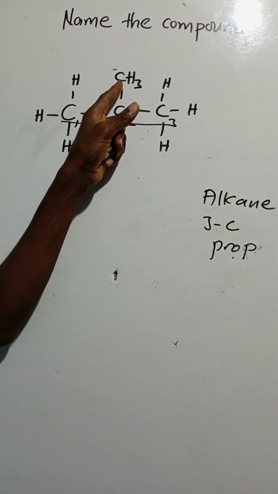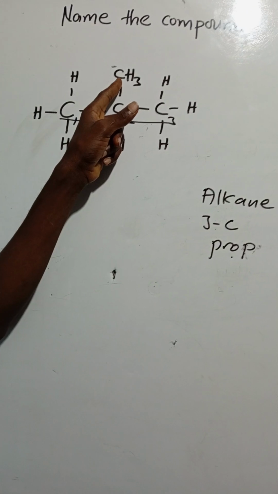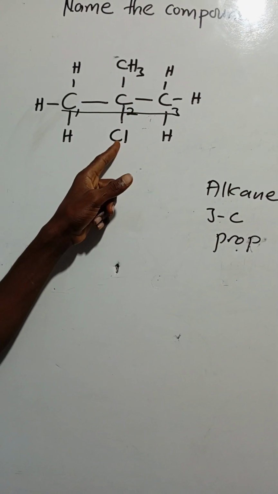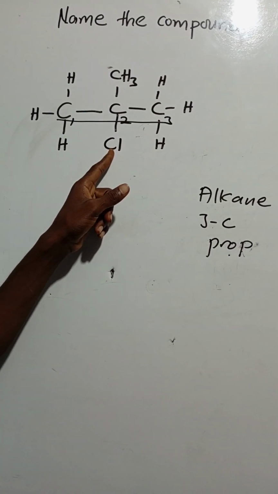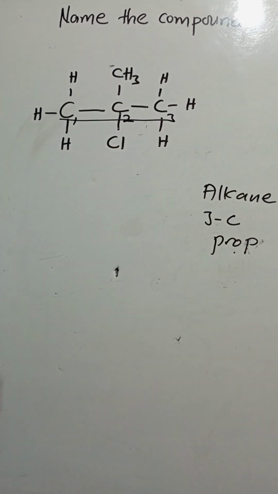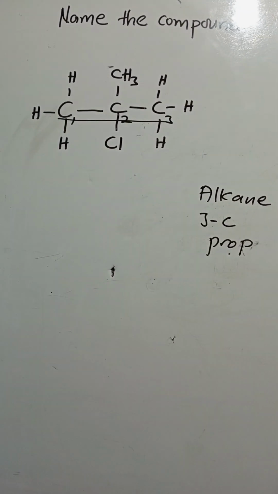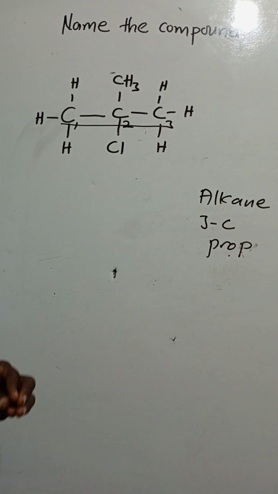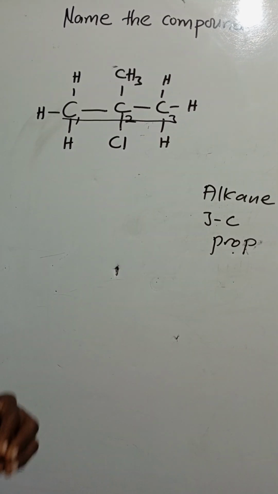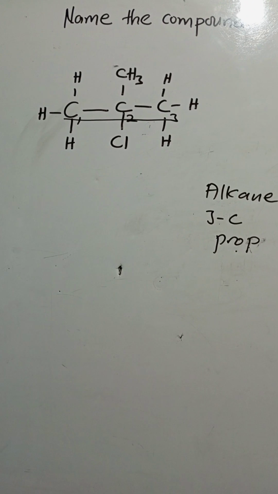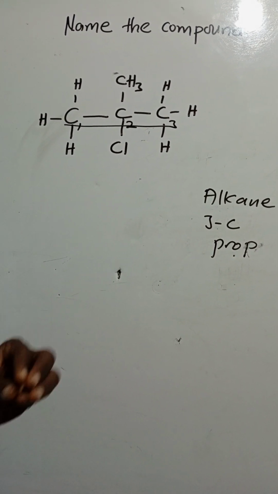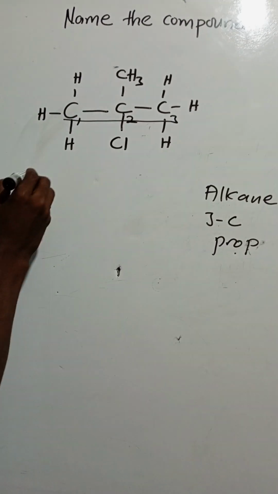This is methyl, which is an organic substituent, while this is chlorine, which is inorganic. So the concept here: when you have different groups, you name the inorganic group firstly before the organic.